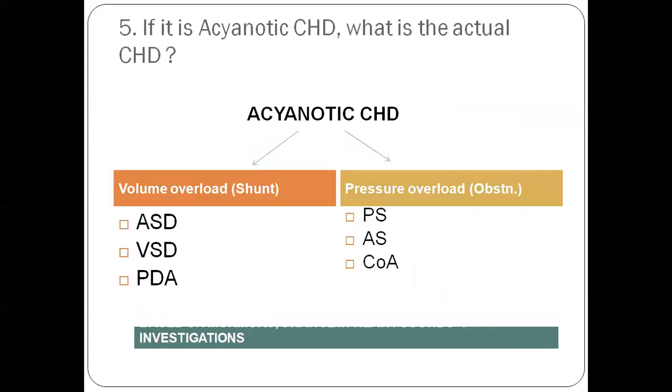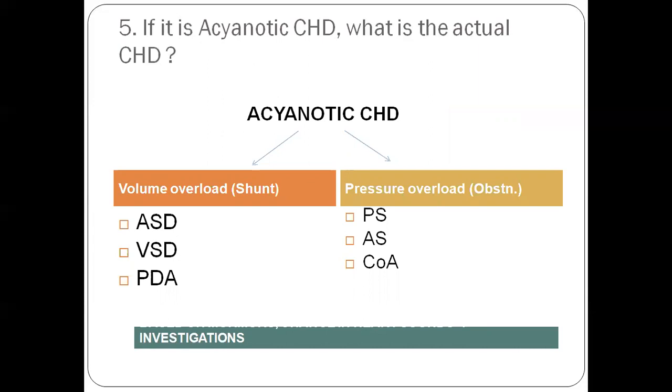If it is acyanotic congenital heart disease, what is the actual congenital heart disease? Acyanotic congenital heart disease is again of two types: volume overload and pressure overload.